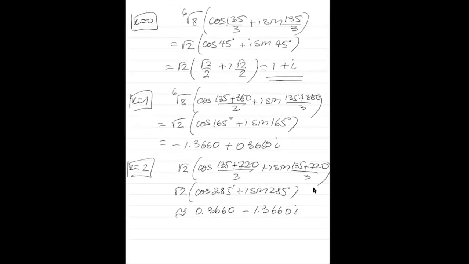And approximately this is 0.3660 minus 1.3660i. If you sketch those roots on the unit circle, you'll see that they are again symmetrical around the circle. And this concludes this video.